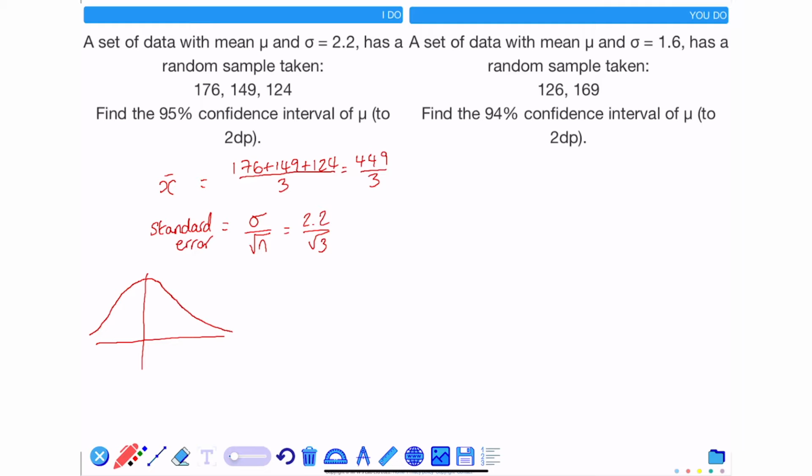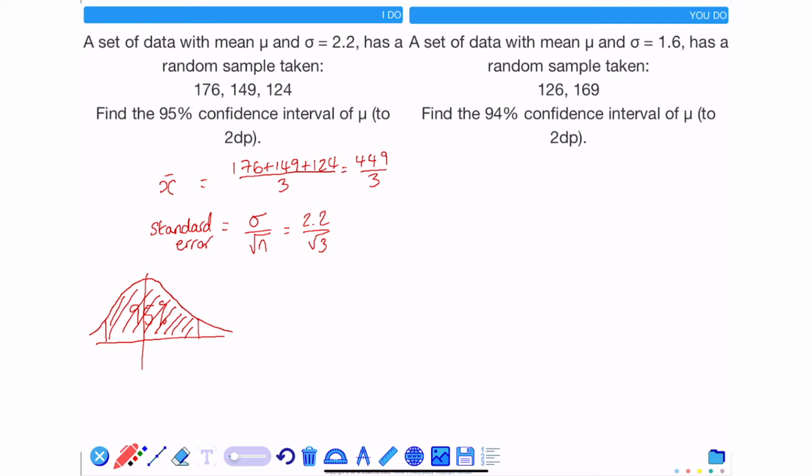Now, with a standardized normal distribution, we know that the area underneath the curve always adds up to 1. And if I ignore the top 2.5% and the lowest 2.5%, that means that the middle is now my middle 95%.